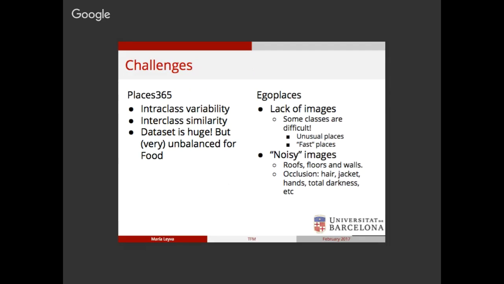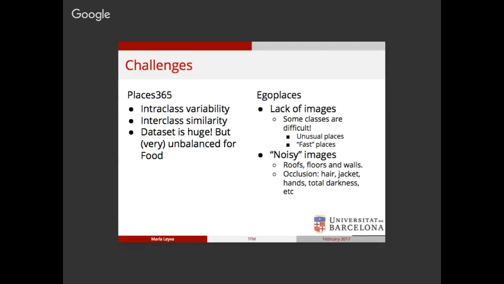I don't know if it is because different people labeled it or because of the ambiguity of the term. But I also have the problem of interclass similarity. For instance, I have pizzeria and I have restaurant, and pizzeria is a restaurant, so they will be very, very similar.